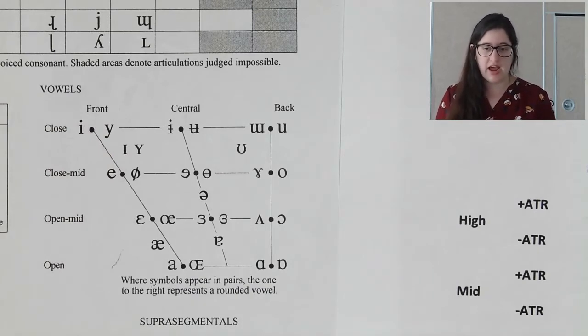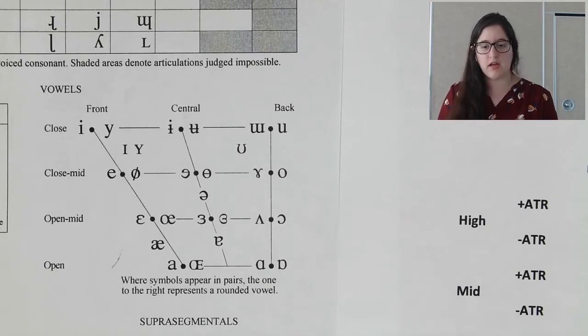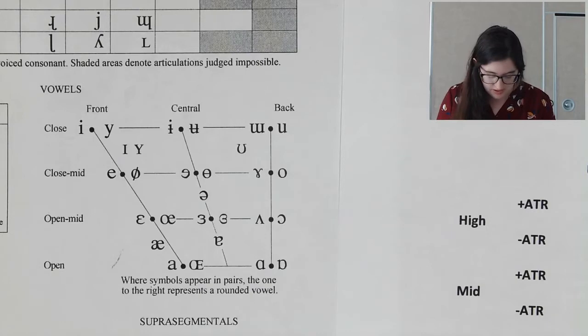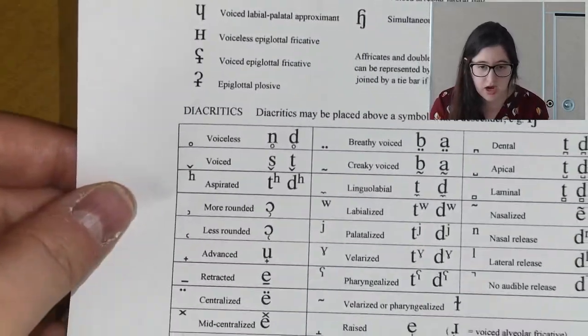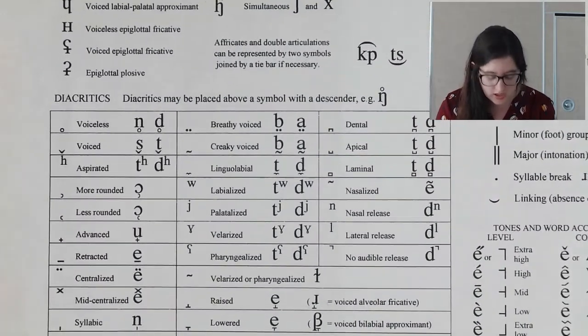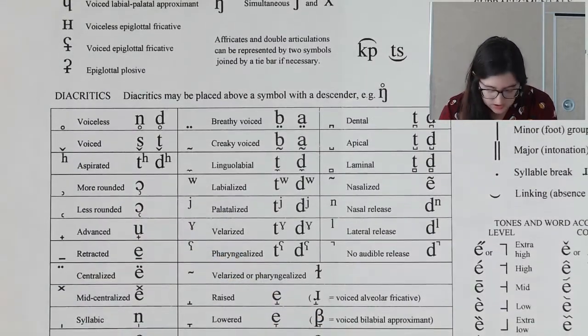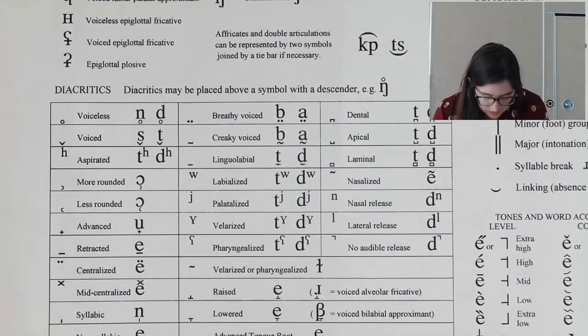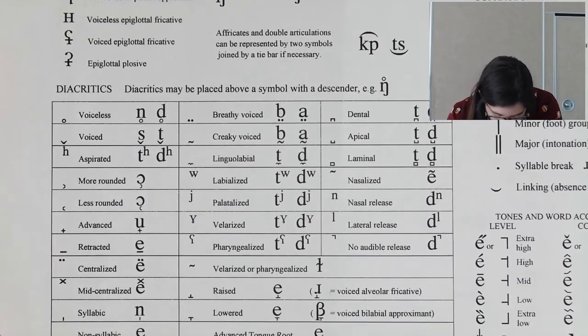So these are extra symbols that you can add around a main symbol to tell you that you're slightly changing the pronunciation in some way. So this box down here on the IPA chart is called Diacritics. And there's a whole bunch of different ones, but some that might be helpful. Let's see, where are they?